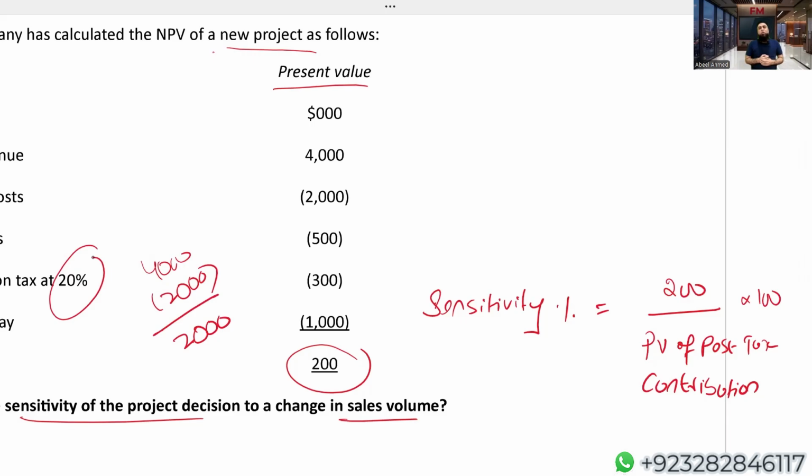The tax rate is 20%. It means, to make it after tax, multiply this by 1 minus the tax rate. So 2000 into 1 minus 0.2, which is 0.8. 0.8 into 2000 gives 1600.